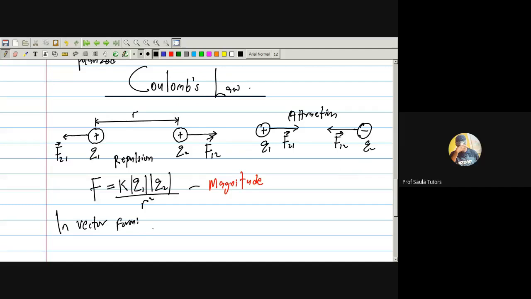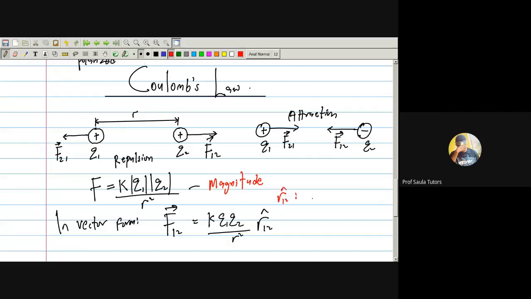So let me say F12 is equal to K Q1 Q2 over R squared, times R12 cap. What is this R12 cap that you are seeing here?